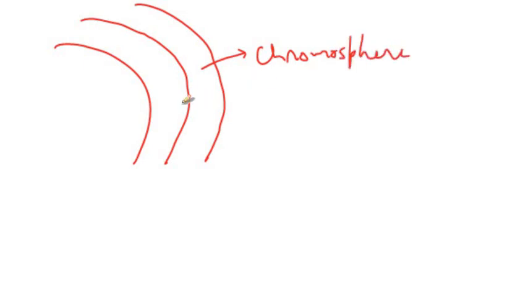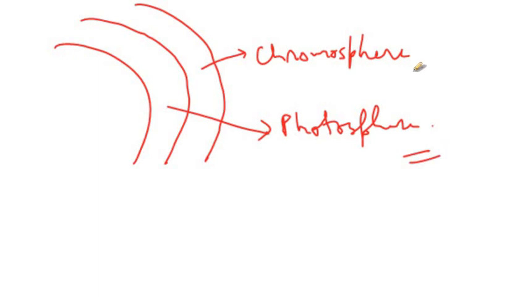Now the very outermost layer is the chromosphere. And the layer just below it is actually the photosphere. I will talk about it in more detail when I talk about stellar structure, the radiative transport section, and there I will touch a little bit on the stellar atmosphere sections as well.